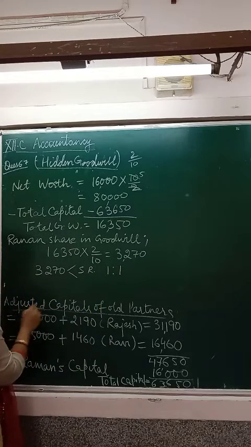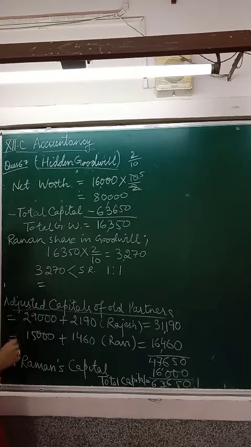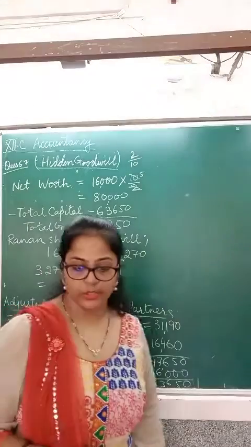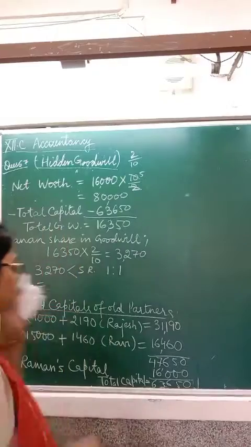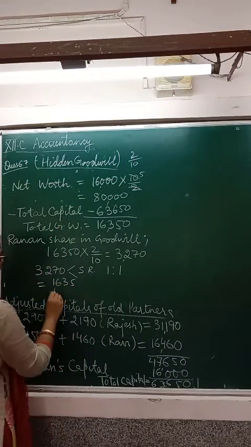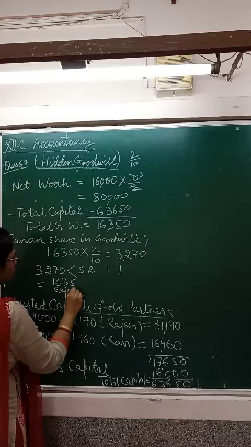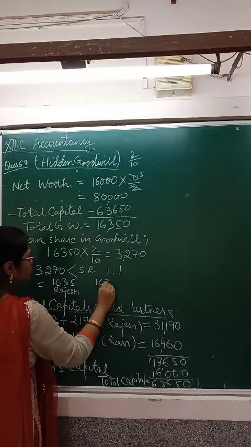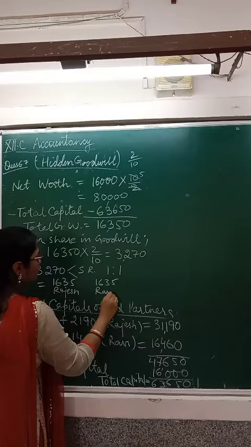So 3270 will be divided 1:1 amongst Rajesh and Ravi, and this amount is 1635 to Rajesh and 1635 to Ravi.